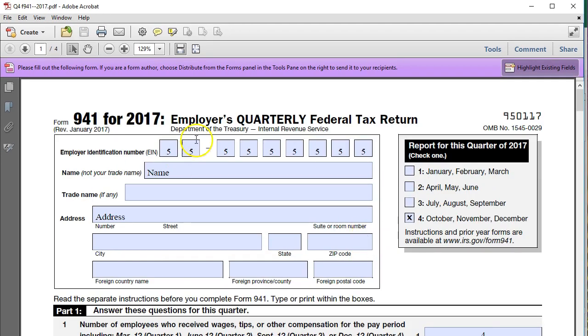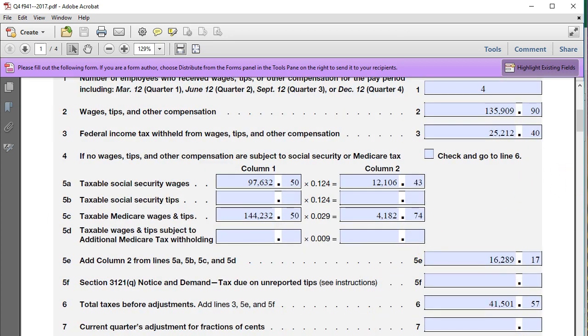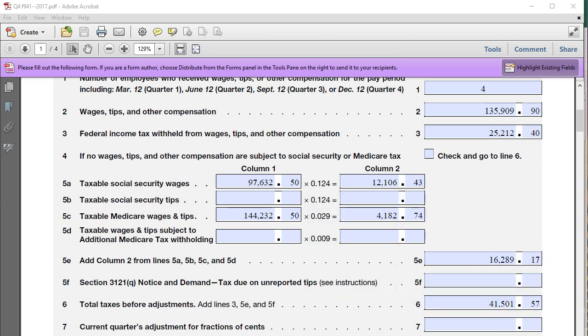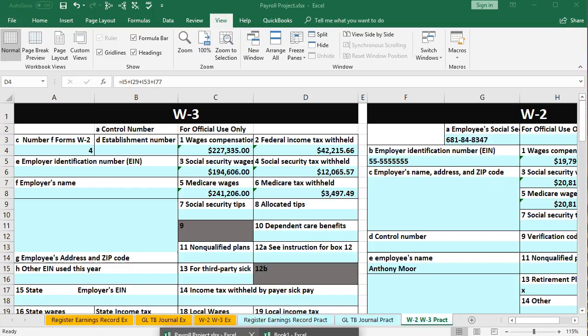So this is the 4th quarter 941, and we'll add up the 97,632.5, which gives us the 194,606. Okay, so that's what should be on our report for the year.